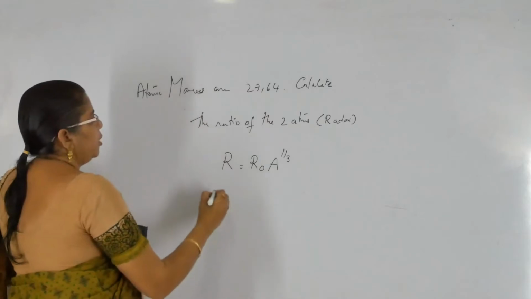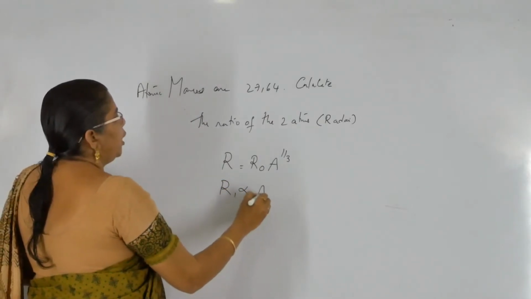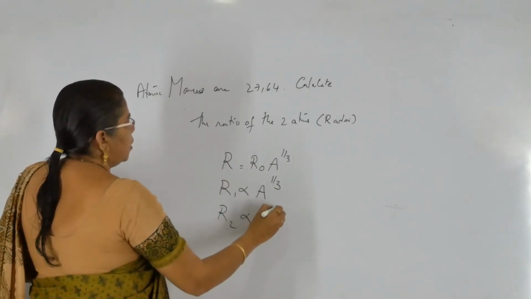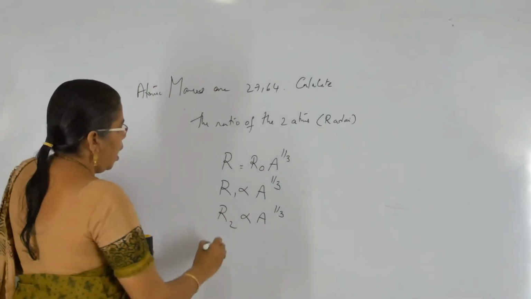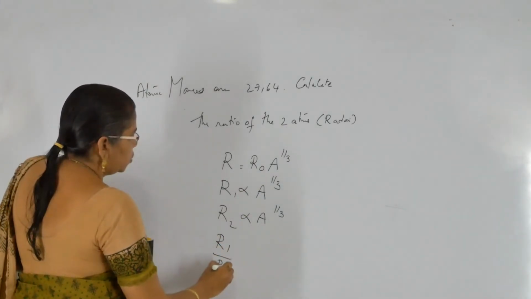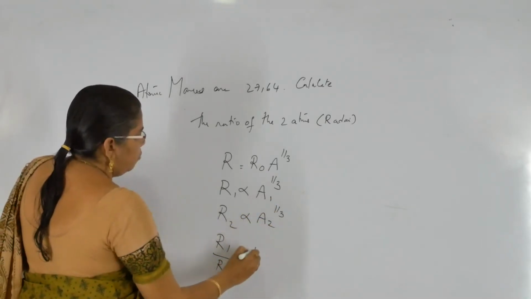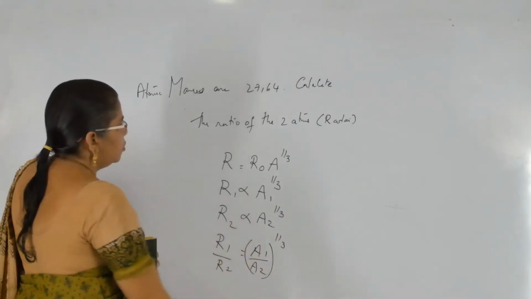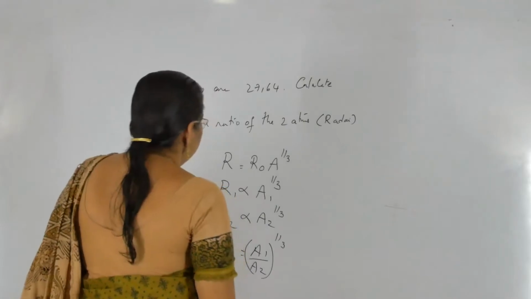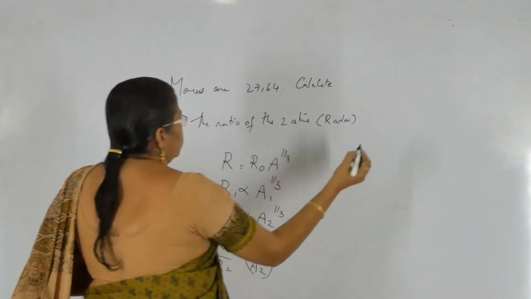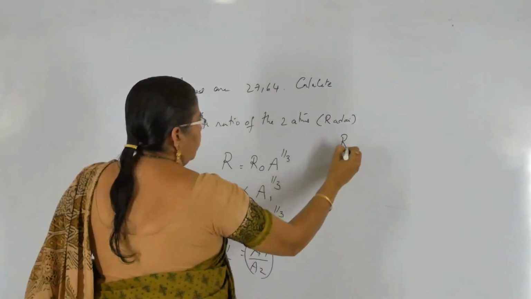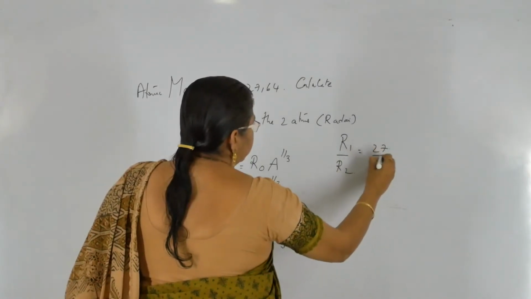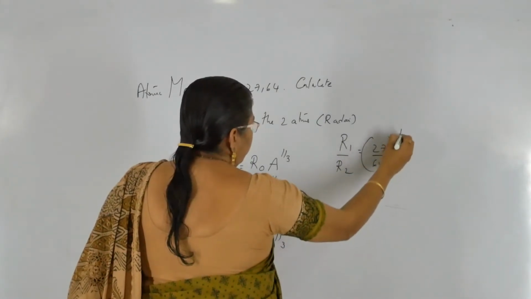So r1 is proportional to A1 power 1 by 3 and r2 is proportional to A2 power 1 by 3.